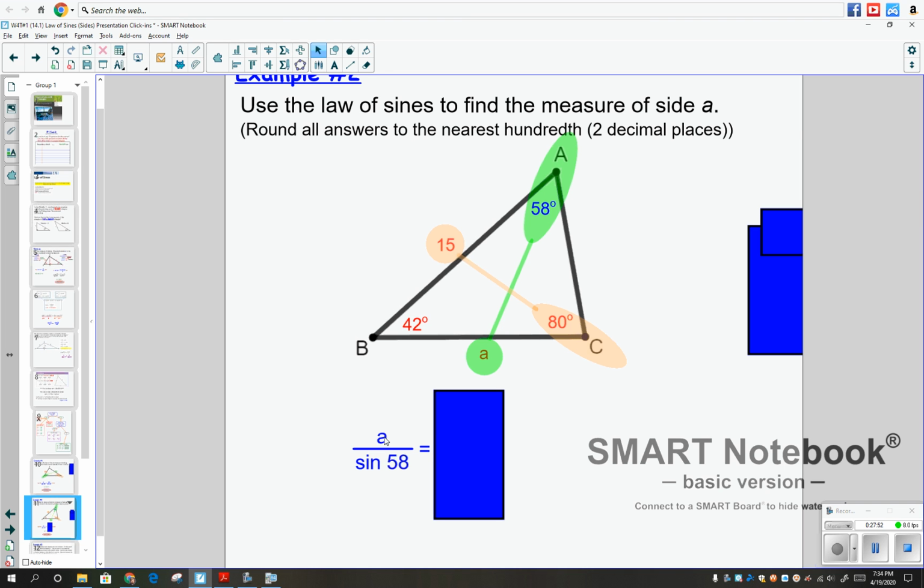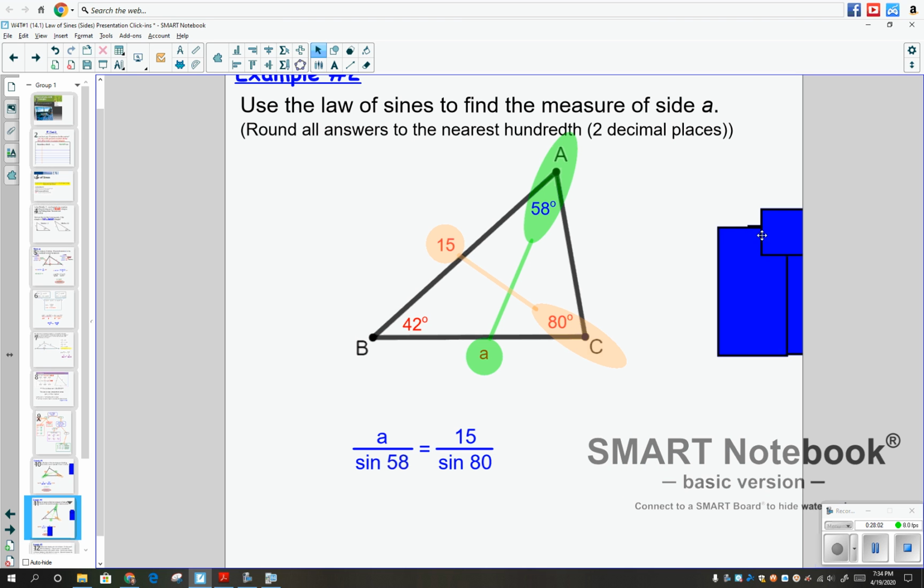A was a side measure, which means in my second ratio, the top has to be a side measure as well, so it's going to be 15. 15 over sine of what angle is opposite of 15? Sine of 80. So notice in my proportion here, the top 2 numbers represent side lengths. The bottom 2 measures represent sines of the angles. The fraction on the left is one opposite pair. The ratio on the right is the other opposite pair.